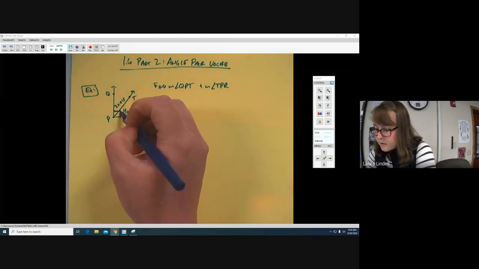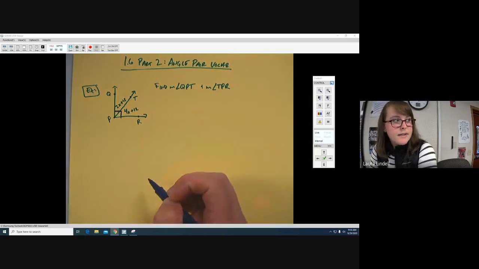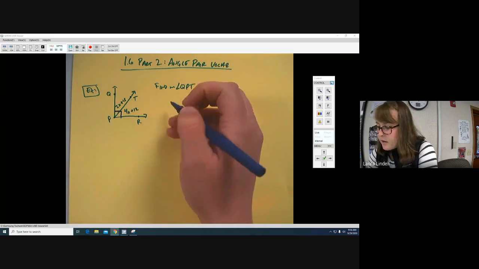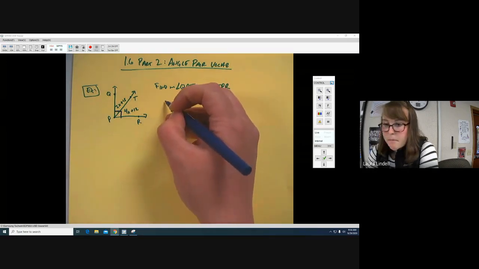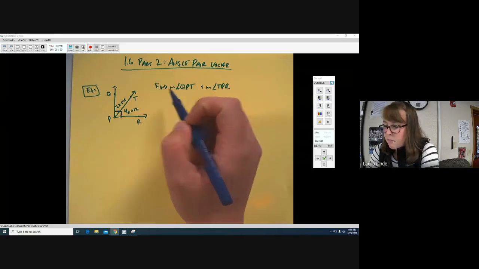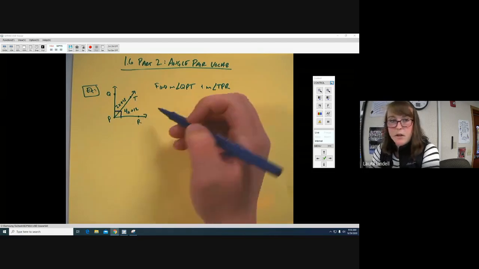Yeah, this little square in the corner tells me that it's going to add to 90. It tells me that these angles are complementary. And they might even give us that in words in the problem too. They might say that these two angles are complementary. They might not. They might just give us the picture though, and we need to be able to tell from both.